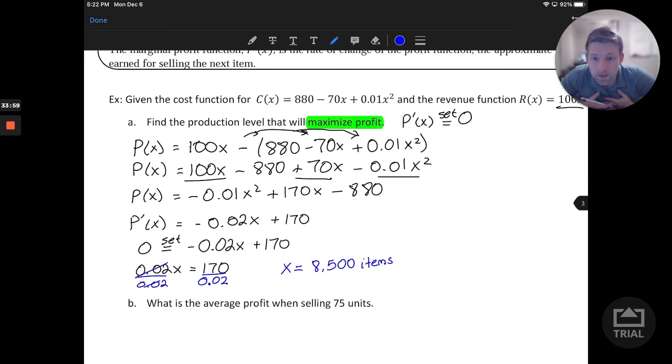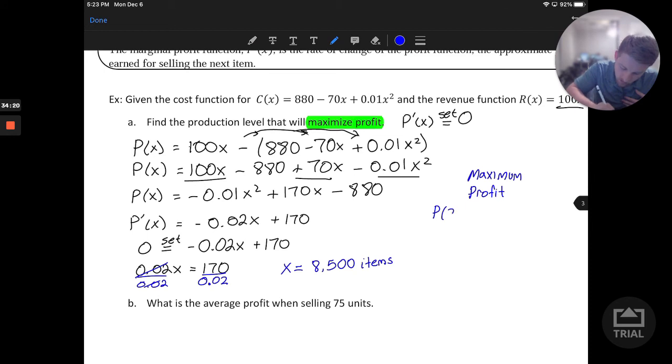Sometimes there's going to be a follow-up question to this, and to ask what is the maximum revenue, or in this case, the maximum profit. And again, we can answer that question by just going over to the profit function again, P, and evaluating at our production level.